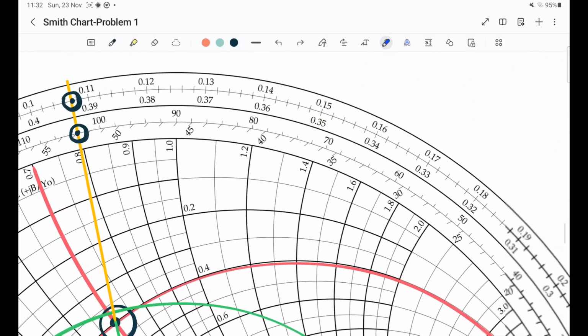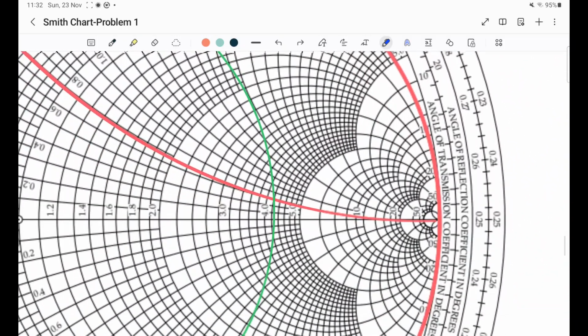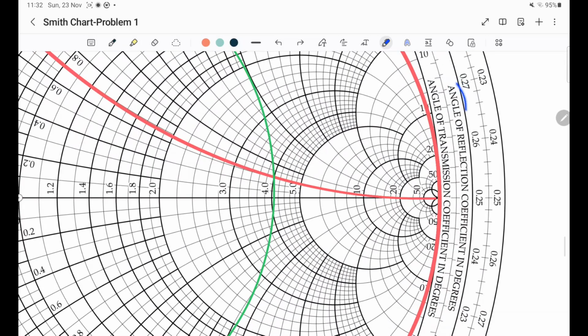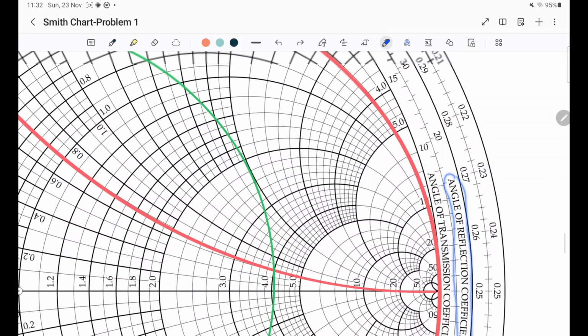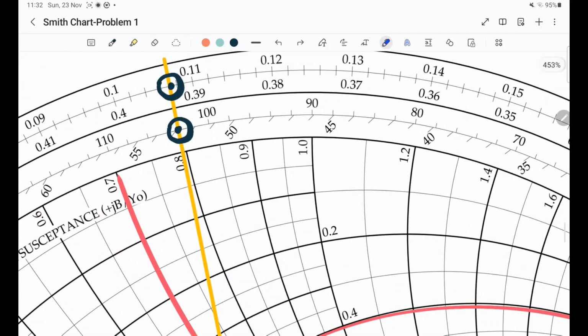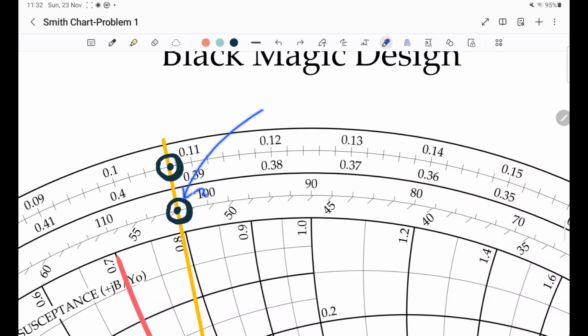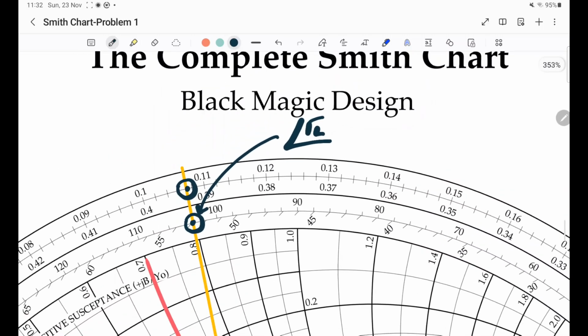If you come to the extreme right, it says angle of reflection coefficient in degrees. So that is why this point is your angle of reflection coefficient. Let me write it for you. The angle of reflection coefficient gamma L is equal to 103 degrees approximately.